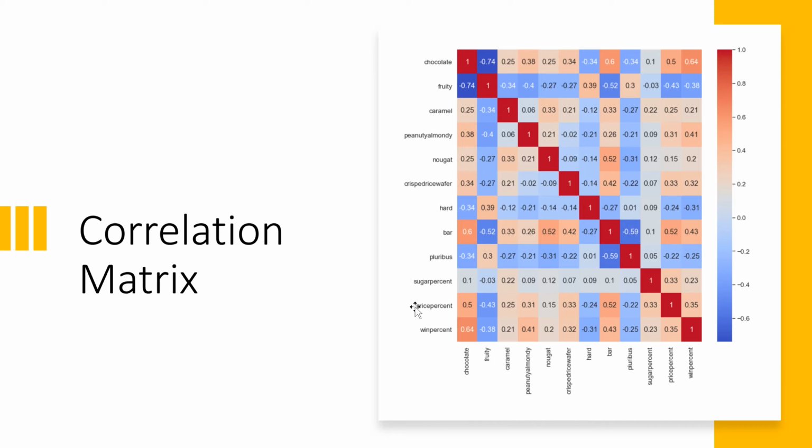It's interesting to note that a feature correlated to itself is always 1, so we see that on the diagonal, and chocolate here is correlated with fruity at negative 0.74. So with regards to the candy that is in our data set, we infrequently see both chocolate and fruity in the same piece of candy.